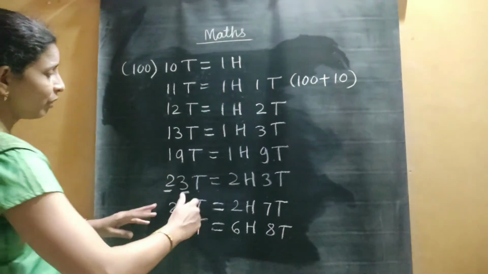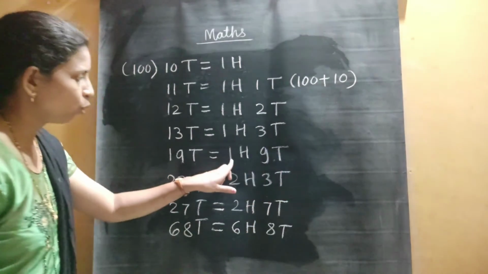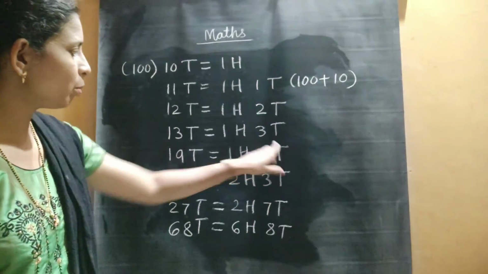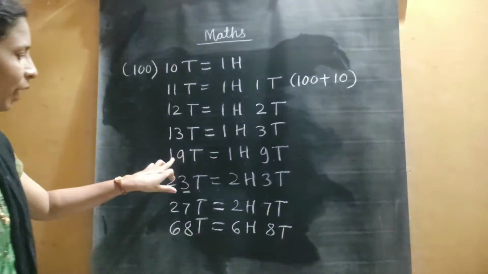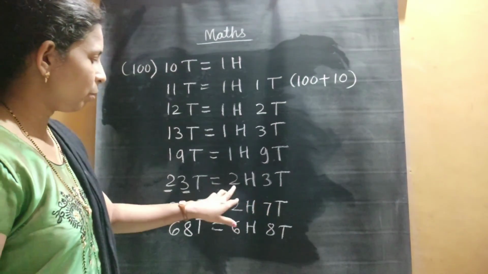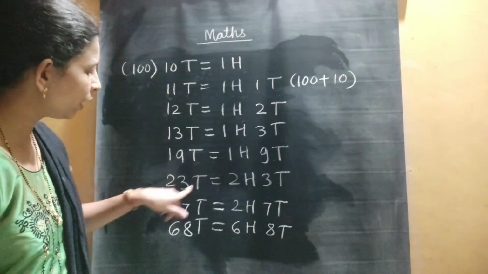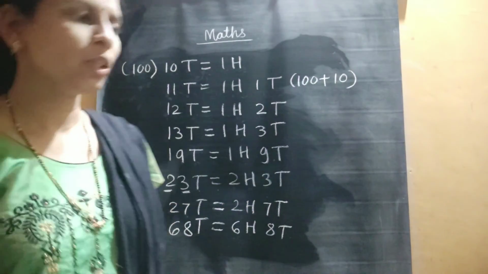So students, if it is given 1 hundred and 9 tens, you should know what that means: 19 tens. 2 hundreds and 3 tens means 23 tens.